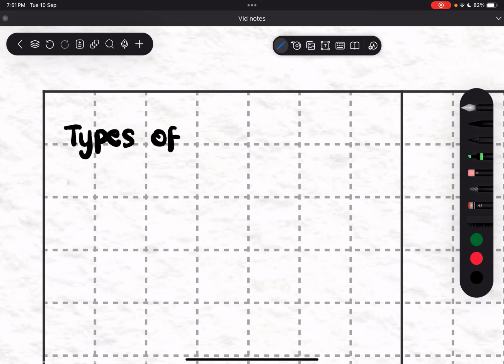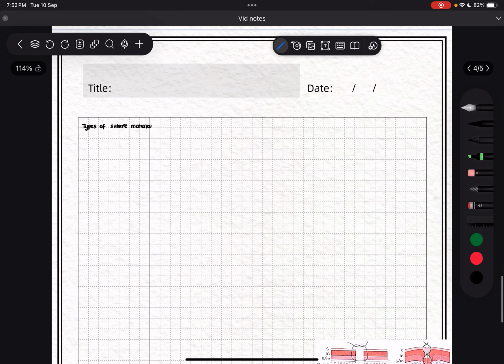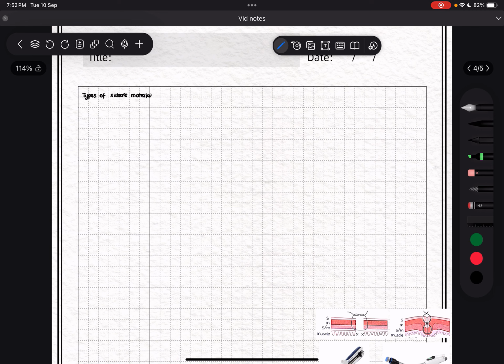Types of suture material. What are the types of classification?